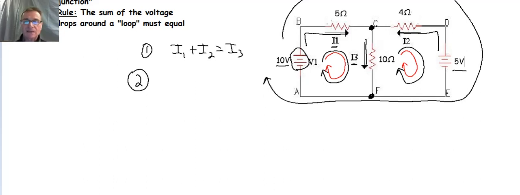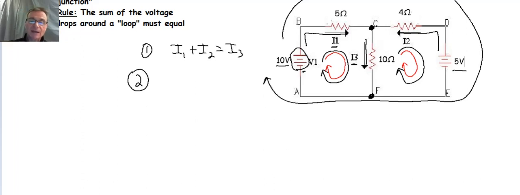When we're analyzing a loop, we have to take the direction of our analysis into consideration. It's very important. So I'm going to start right here at the lower part of my battery, and I'm going to go from the negative part of the battery to the positive part of the battery, and I consider that to be a voltage rise. Remember, the sum of the voltage rises and drops around a loop must sum up to 0.